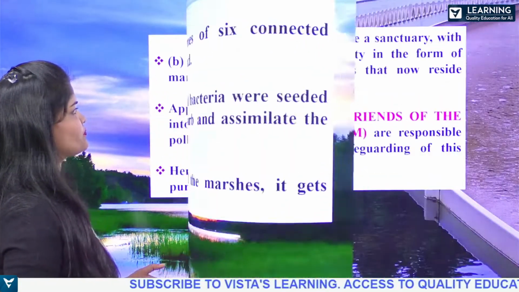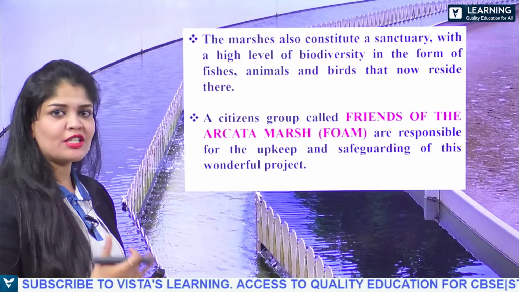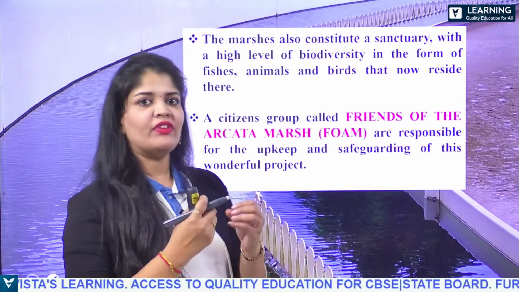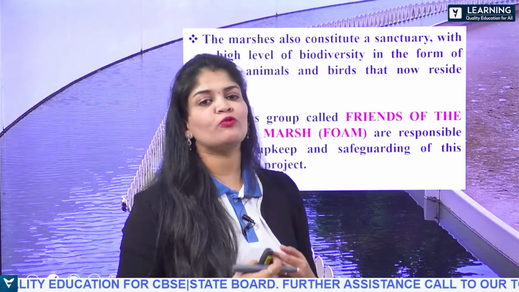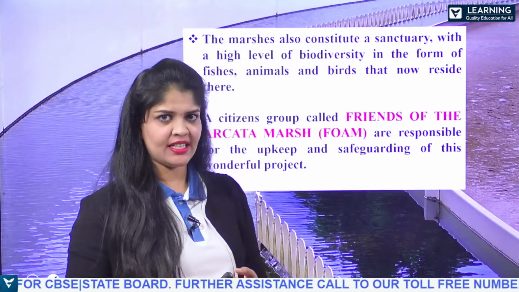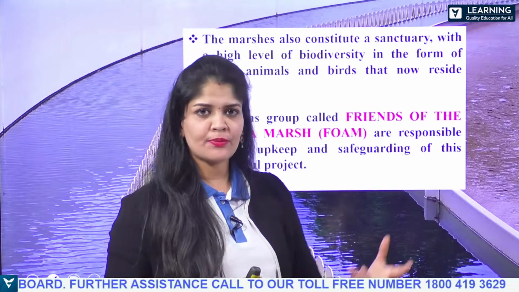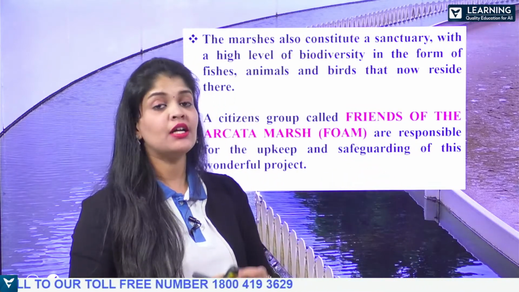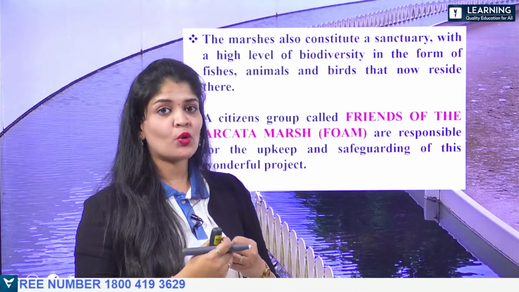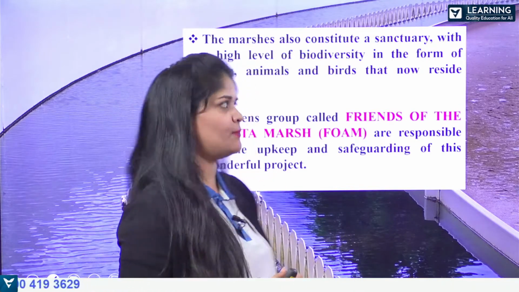Right? Now, so here the marshes not only provide a suitable habitat for the growth of plants, algae, fungi, bacteria, which are going to neutralize, absorb and assimilate the pollutants present in the polluted water, meanwhile these marshes are providing a great biodiversity, right?